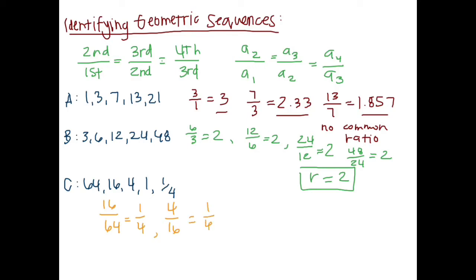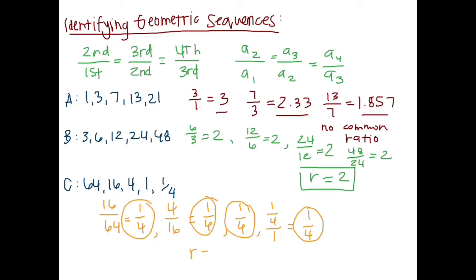That fraction reduces to 1/4, or it also divides to be 0.25. Then we have 1/4 divided by 1, which is just 1/4. And then we can do the fifth term, 1/4 over 1, which is just 1/4. So you can see every time we have this common ratio of 1/4. Or if you do 1 divided by 4, you would find the common ratio is 0.25.